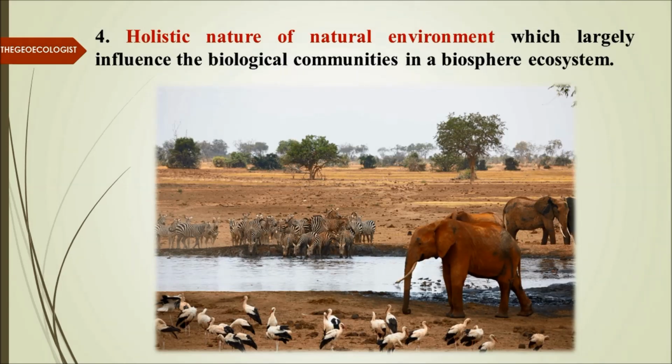holistic nature of environment. Holistic nature means aggregation, accumulation, and interaction. These three things make something holistic. It means it is in a welfare system where everybody is welcome, everybody's role is defined. So ecology or environment has this holistic nature in itself.